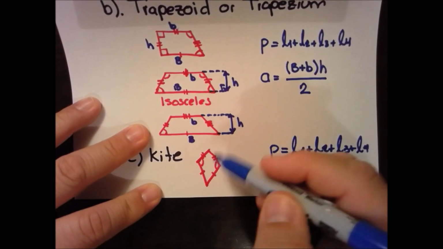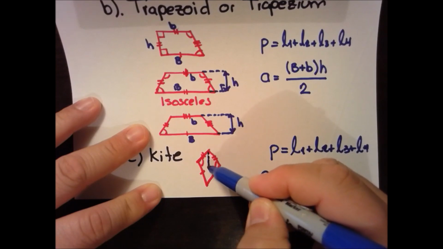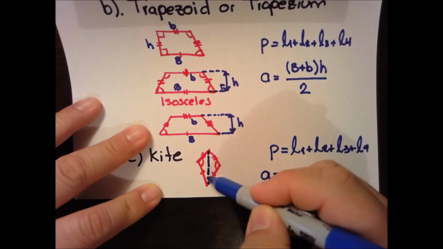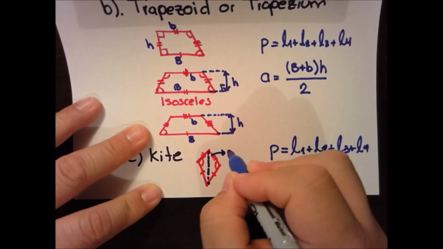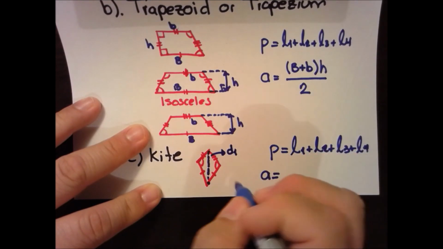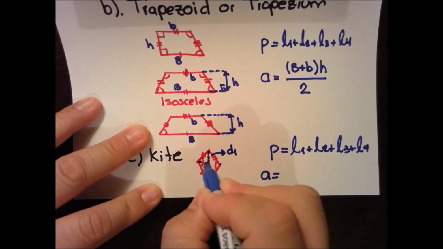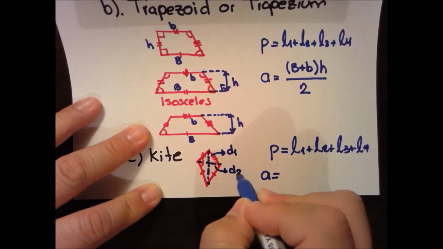First of all, look at this. Here you need to measure the distance between this point and this point. In that case, we are going to classify this distance as D1, and the other is the distance between this point and this point. We're going to classify it as D2.